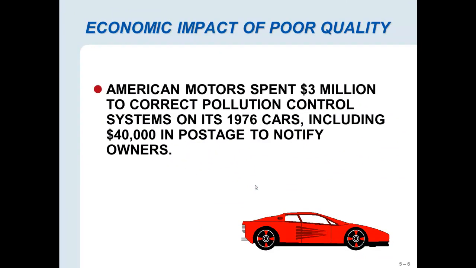The American economy or American industry has struggled with poor quality for ages. For example, in 1976, American Motors spent $3 million to correct a pollution control system and spent 40,000 on postage costs.